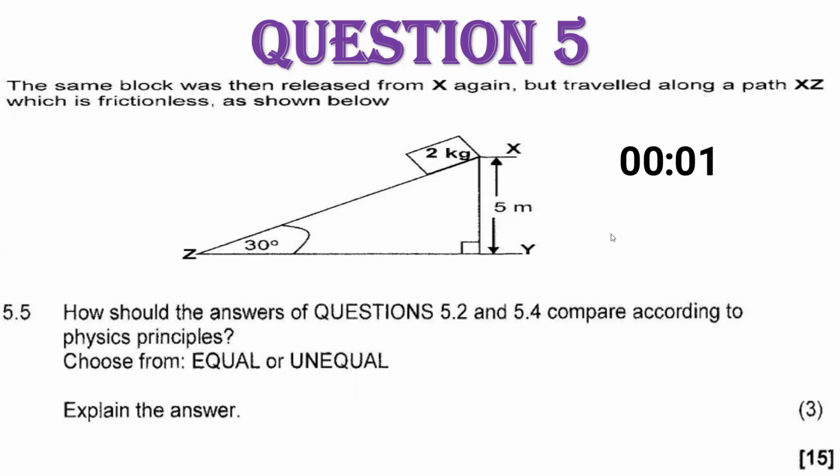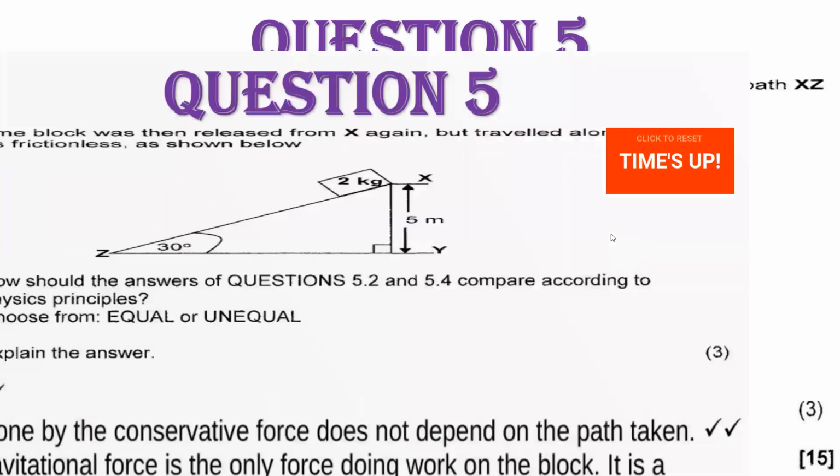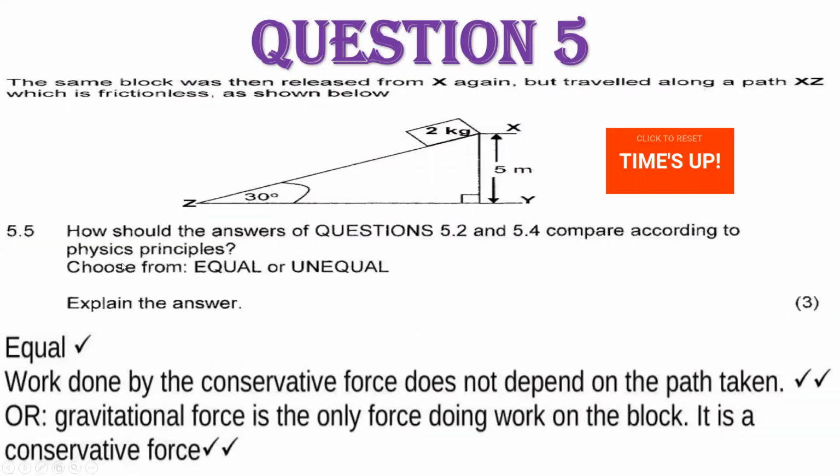Okay, let's explain the question more. I think this one is not clear. For question 5.2, work done by a conservative force does not depend on the path taken. The gravitational force is the only force doing work on the block. It is a conservative force. Because of that, we get the same answer.